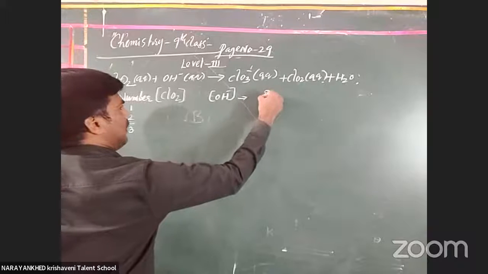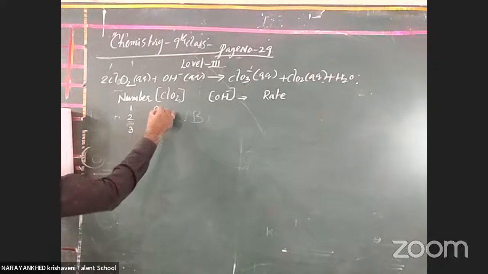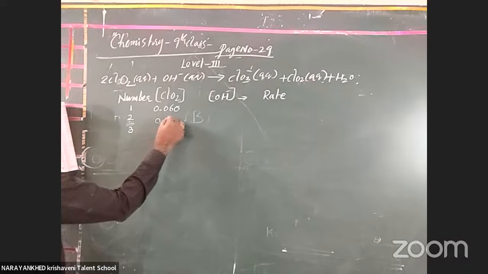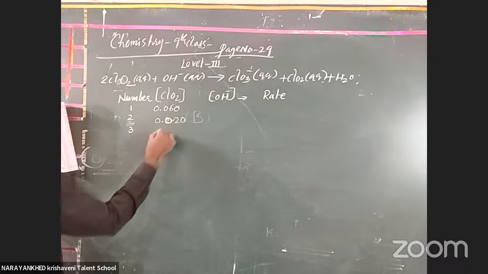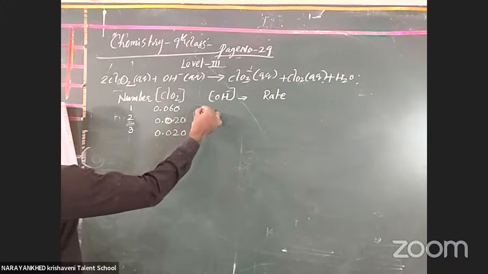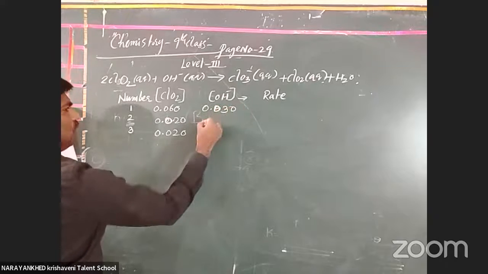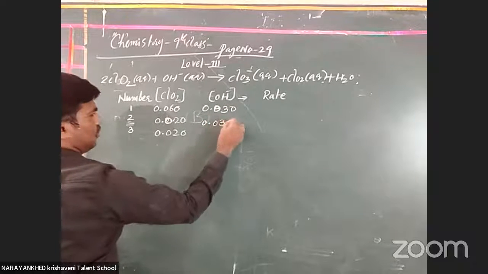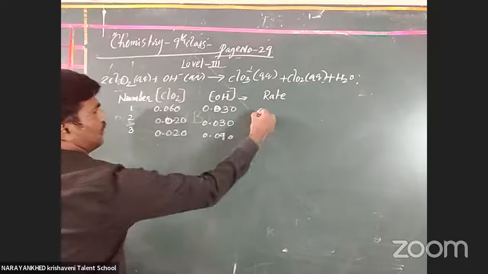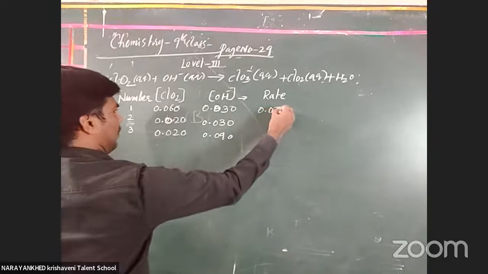The rate is given here for this concentration. The concentrations are taken as 0.60, 0.020, 0.020, and for OH as 0.30, 0.030, 0.040, 90 they consider. And the rate varies in molarity per second.